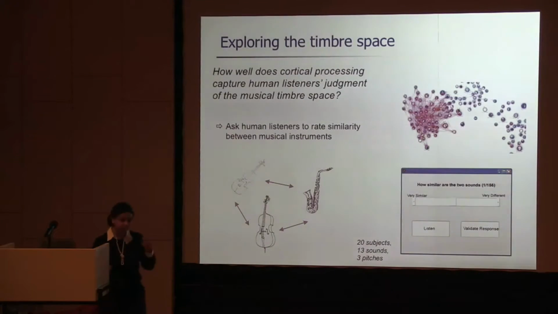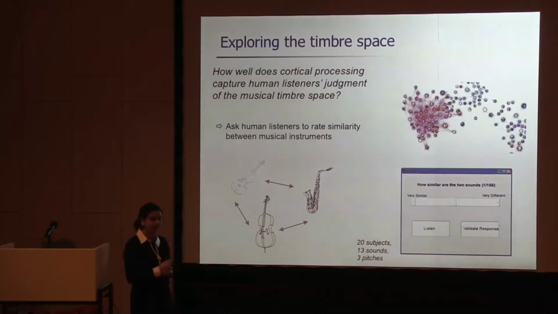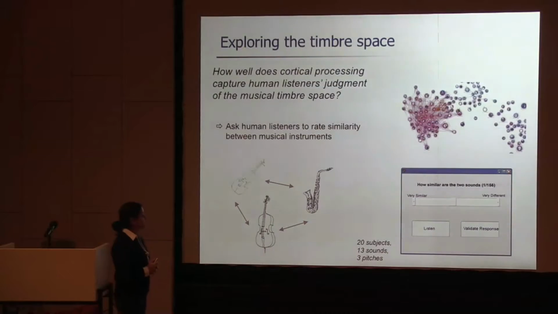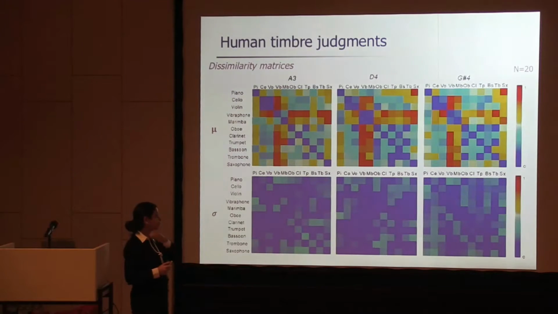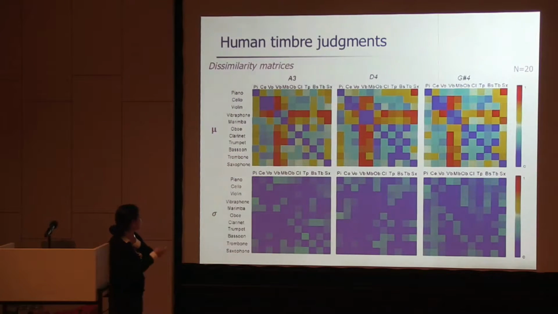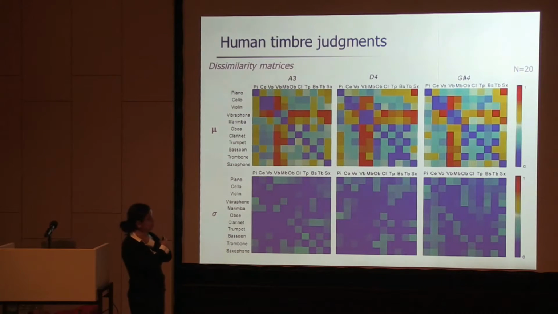So we basically replicated the classic McAdams perceptual judgment study, basically doing a similarity judgment. This is work that was done in collaboration with Daniel Kresnitsia. So basically getting the dissimilarity between pairs of instruments at 3 different pitches.